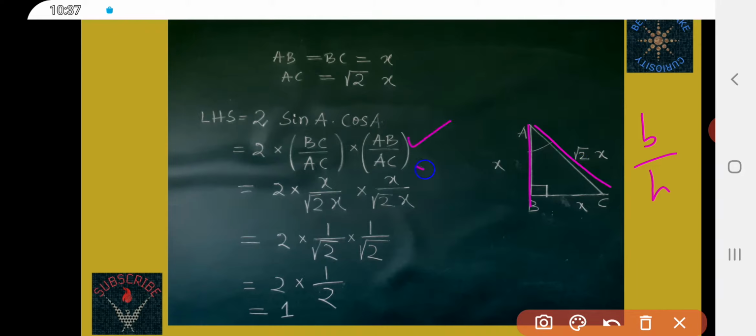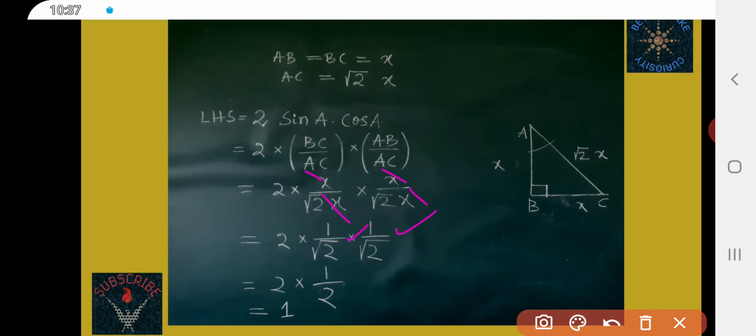So AB by AC. Now you put values, then we get 2 into x by root 2 x, and x by root 2 x. Okay. Now you cancel x, then we have 1 by root 2, 1 by root 2.